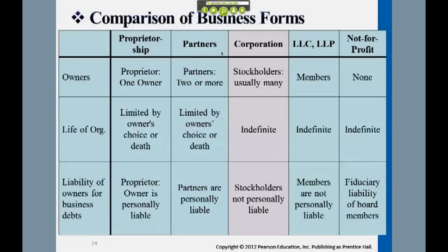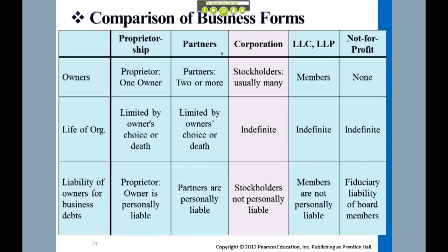So let's take a look at this table. It's even more clear. This states all the characteristics here. We'll be focusing more on owners and liability for these owners. If you take a look at the first column, proprietorship, it has one single owner, and the proprietor is personally liable for all the actions in the business. In a business law perspective, the person in charge of the business and the business itself are not separate entities.